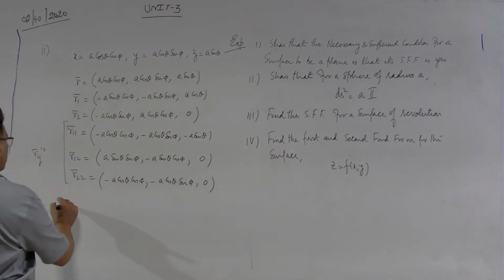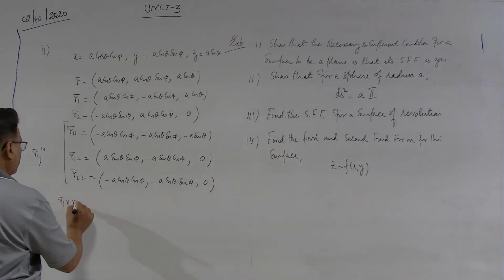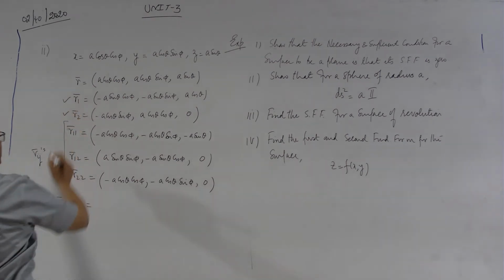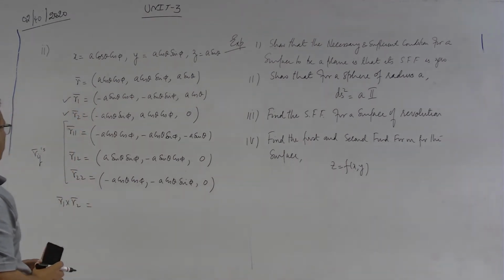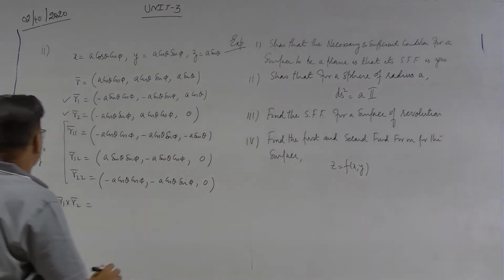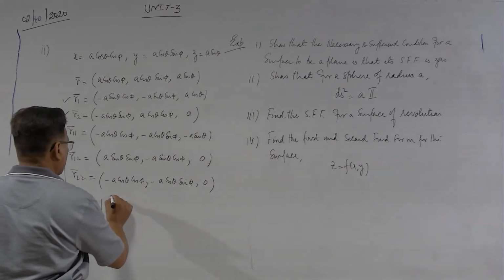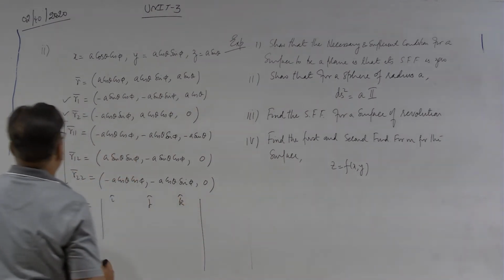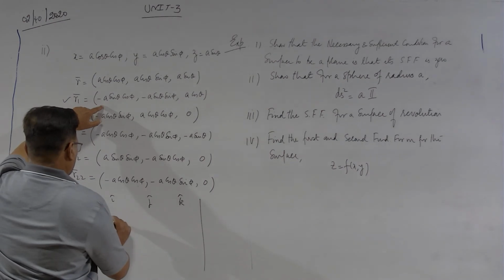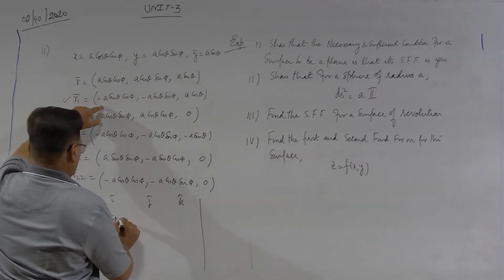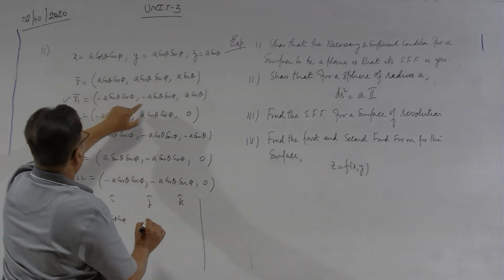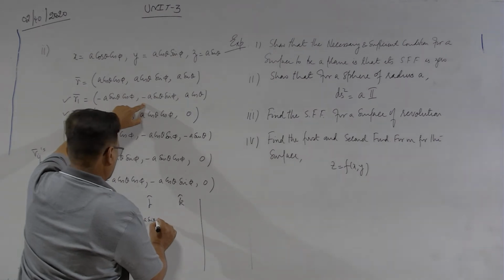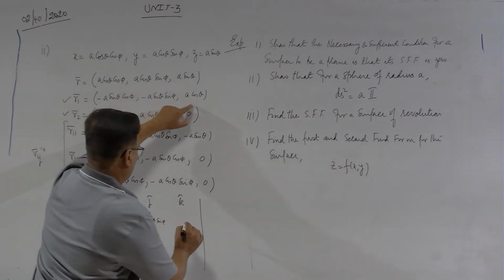R1 cross R2. So, R1 cross R2 I can compute directly from here. This is R1, this is R2. So, R1 cross R2 can be computed. That can be done by the determinant i, j, k. R1 is minus a sin theta cos phi, minus a sin theta sin phi and a cos theta.